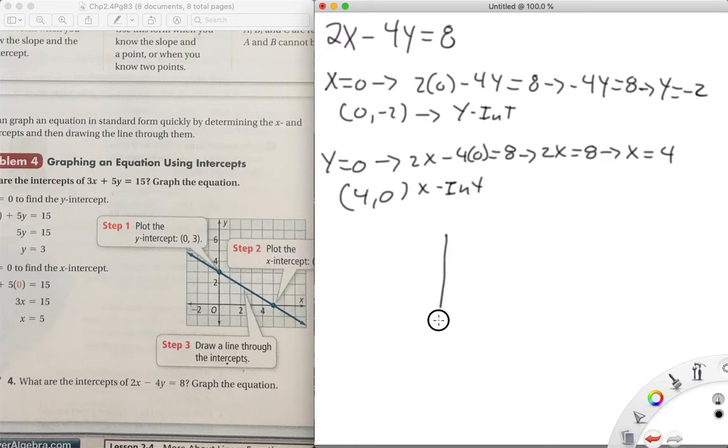So when I graph this bad boy, 1, 2, 3, 4, 5. We have (0, -2), which is right here.